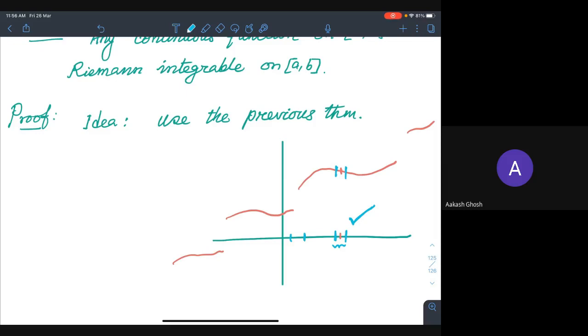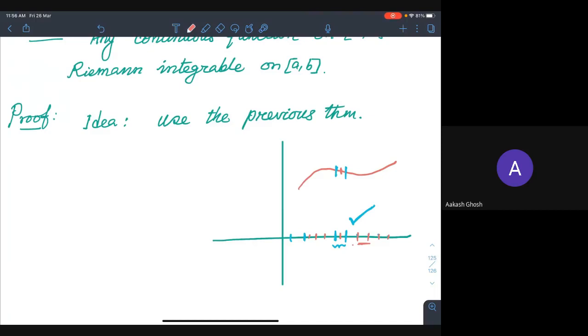But now, as you vary to other points, we are not considering the discontinuous case. We are considering this case. So as you vary the points, or if you look at a different partition here, the length of the partition here I said delta, here it might not be delta.